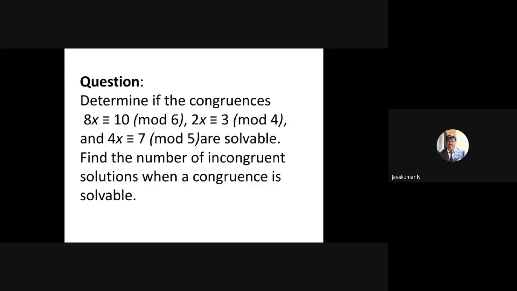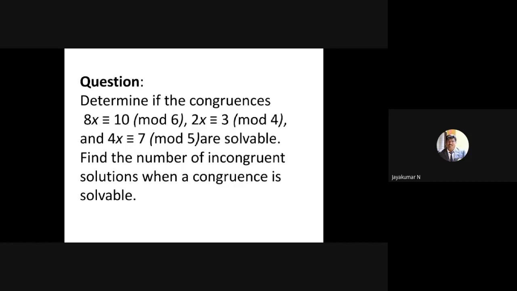Then the second linear congruence 2x congruent to 3 mod 4. Again, it is compared with ax congruent to b mod m. Here a value is 2, b, the right hand side of the congruence, is 3, and mod m is 4.